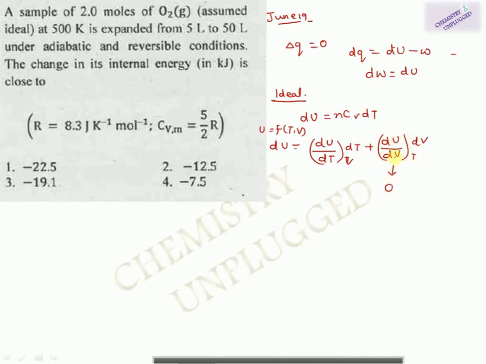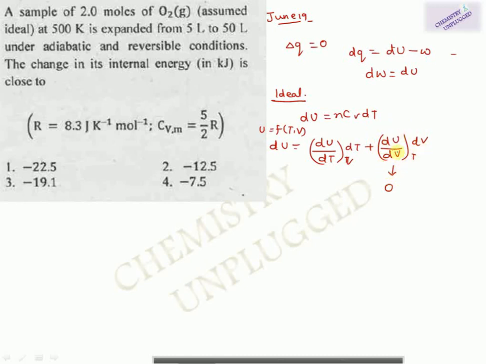It is from Joule's experiment that when we are expanding a gas under isothermal conditions, then its internal energy change will be 0. I have explained this Joule experiment and Joule-Thomson experiment in my course on thermodynamics on Unacademy, so you can watch it over there.